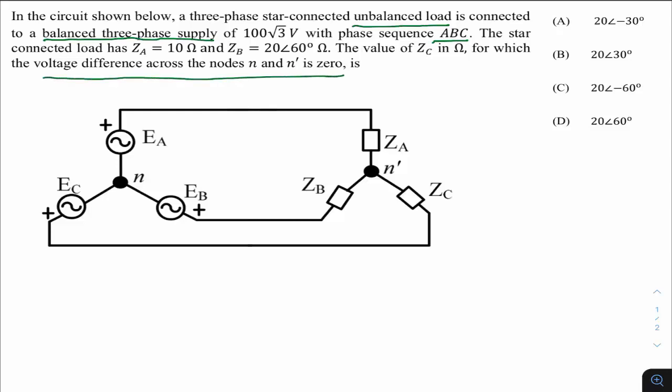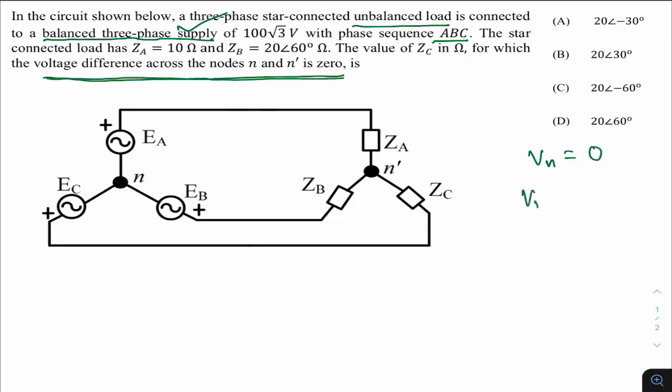These are the key points that somebody should notice to solve this problem. Since the supply is balanced, what is the meaning of this balance? Because the supply is balanced, I can tell the value of Vn is basically 0. And as far as the question is concerned, the voltage difference across node N and N dash is 0.